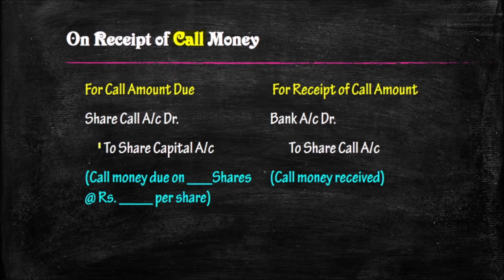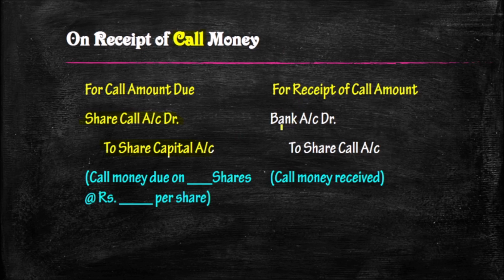The first entry is share first call account debited to share capital. Suppose it is the first call: share first call account debited to share capital is the first entry. The second entry will be bank account debited to share first call.